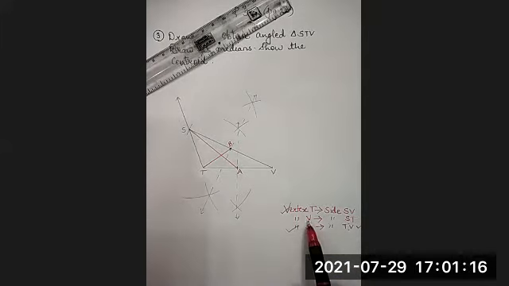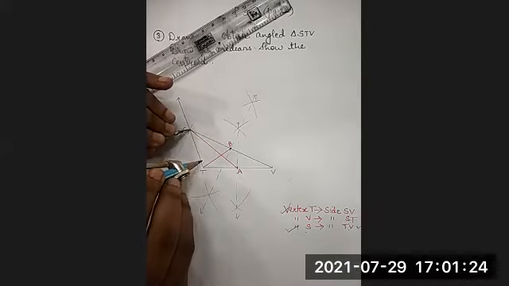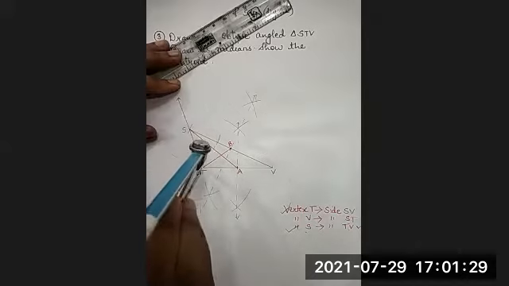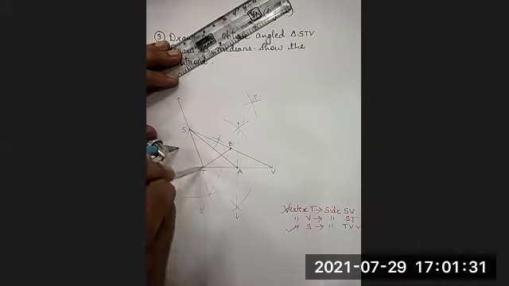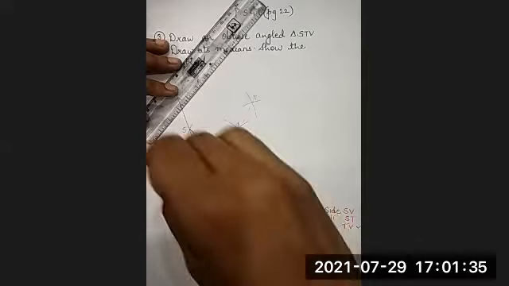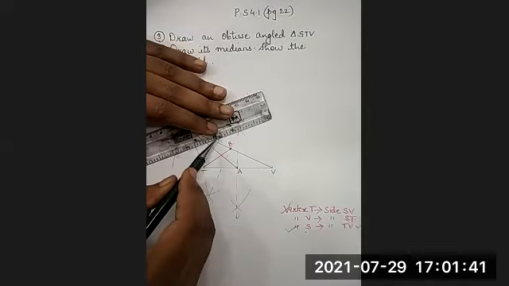Now let's go to vertex V and side ST. So this is the side ST. I'll again take my compass, take more than half distance, make the arcs from S, then from T. I get the point.